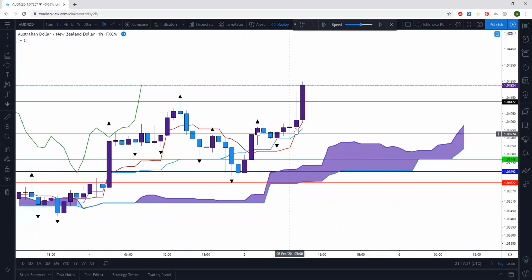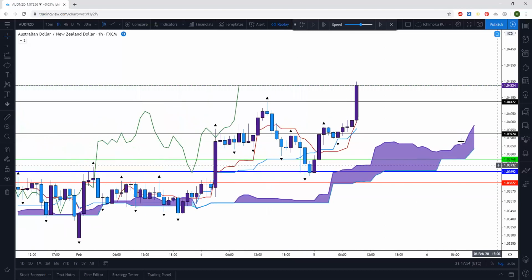If you get a bullish TK cross under the cloud, that's a weak signal. If you get one inside the cloud, that means it's a medium strength signal. But the strong signal is above the cloud, and then vice versa if it's bearish. Right. So let's see how your trade did, man.